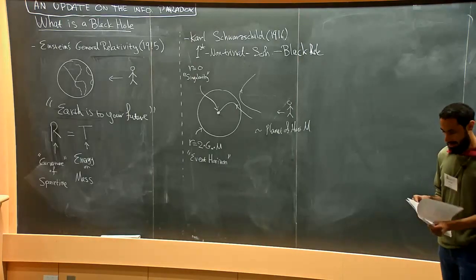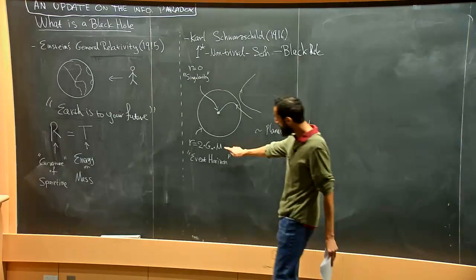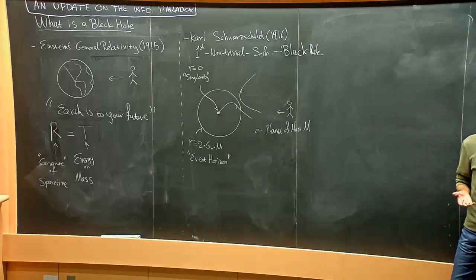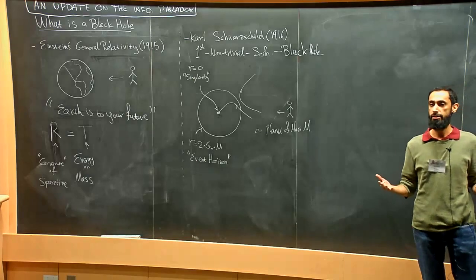Let me see. So there's a question of how do you form a black hole? The answer is given to us by this formula. The idea is that this radius can be thought of as a critical radius.